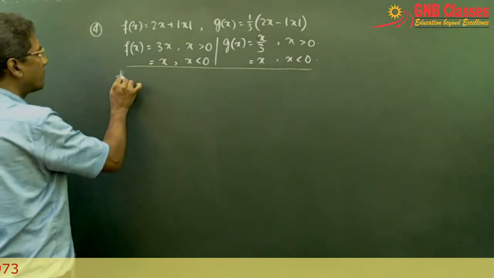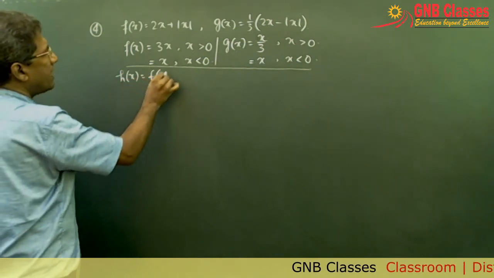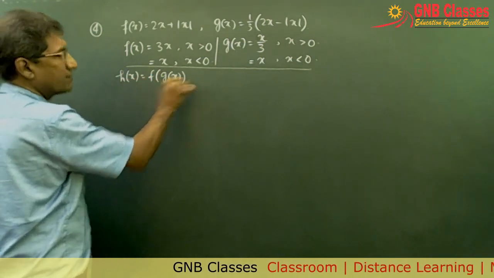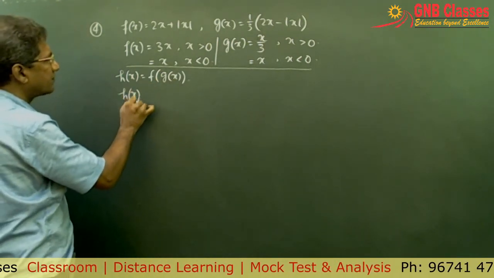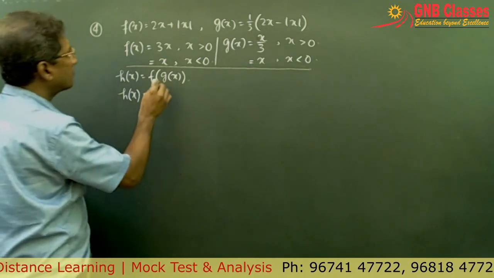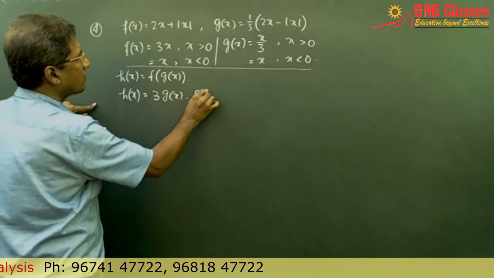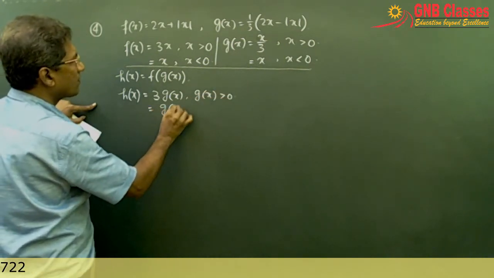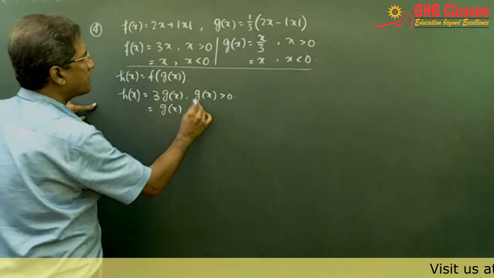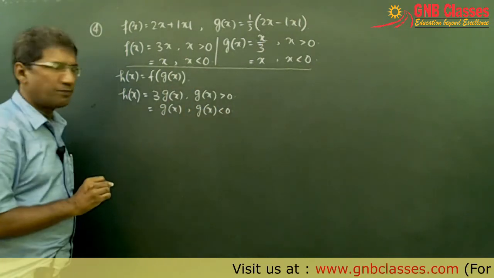They have given h(x) equals f of g(x). Okay? Now let me just define the function h(x). Look at it carefully. Which is nothing but g(x) is less than 0. Is it clear?